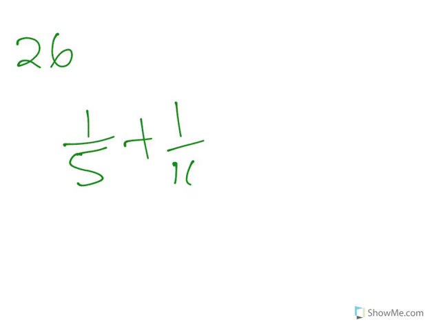Number 26. Nearly done here. The diagram here shows a resistor of 5 ohms and a resistor of 10 ohms connected in parallel in a circuit. What is the total resistance of the circuit? So we do 1/5 plus 1/10 equals 1 over R total.